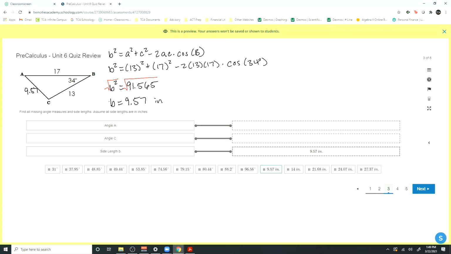So I can say the sine of angle A over little a is equal to the sine of angle B over little b. Fill in what we know. Sine of angle A over 13 is equal to the sine of 34 degrees over 9.57.